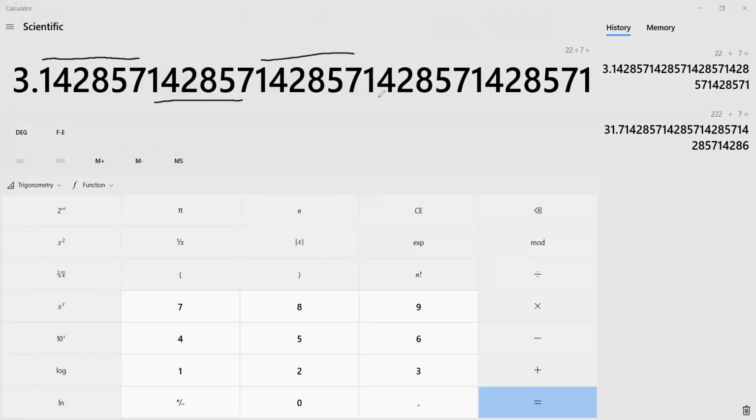You have a recurring pattern over here for 22 over 7. And if I show you the value of pi right now, see how this 22 over 7 is a recurring decimal, but still there is a recurring pattern going on because this is a rational number.